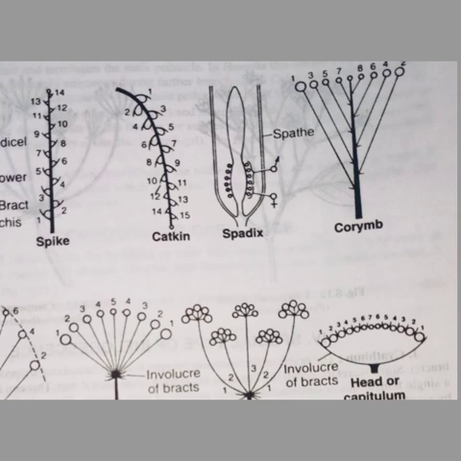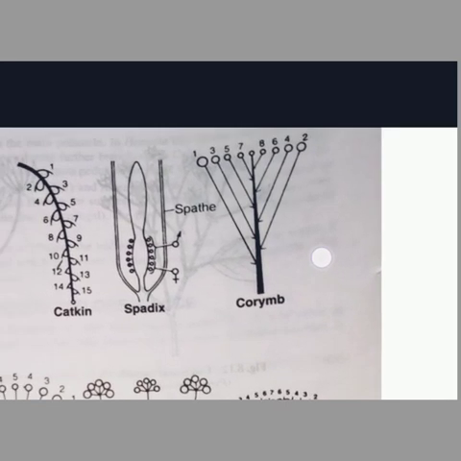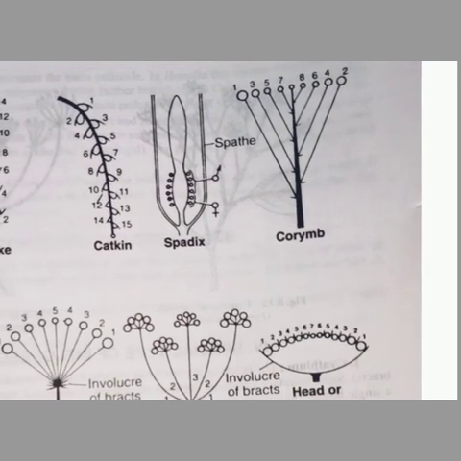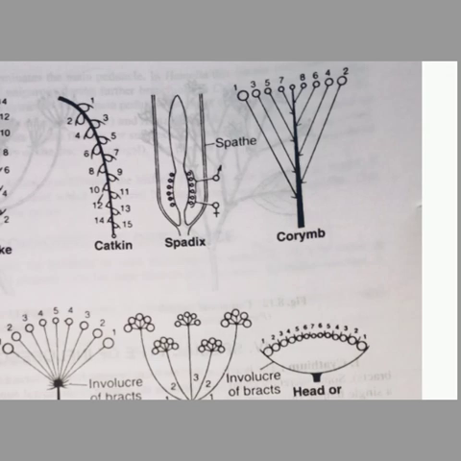It is in case of the banana and others. In case of the corymb, you will observe that the different pedicels have different lengths. The lower one is the largest one, and the upper one, the apex one, is very small, but flowers are arranged in a horizontal manner at the top.